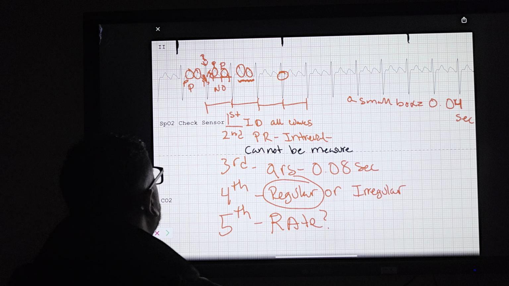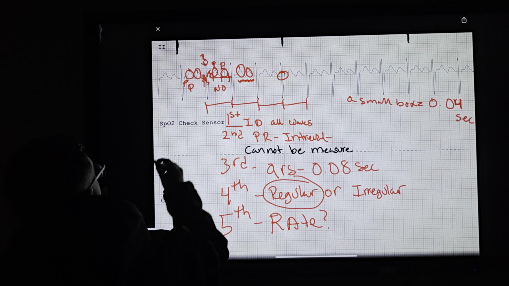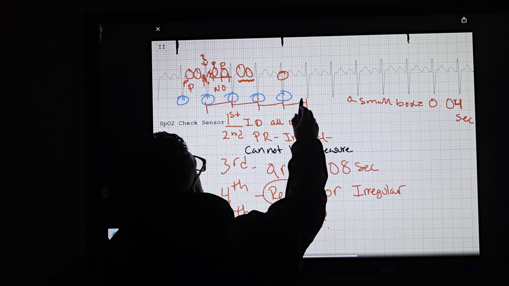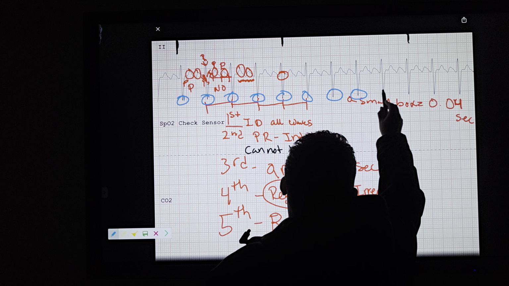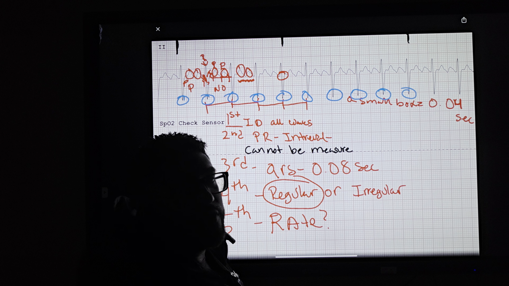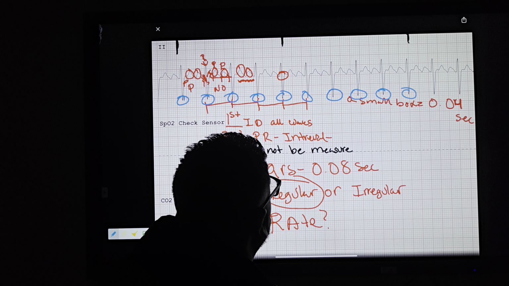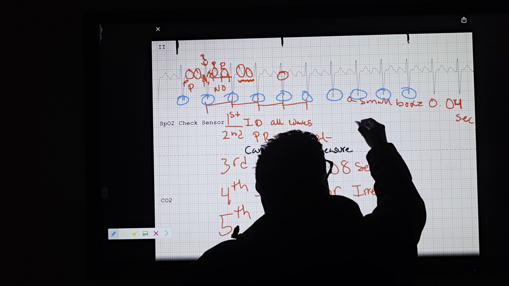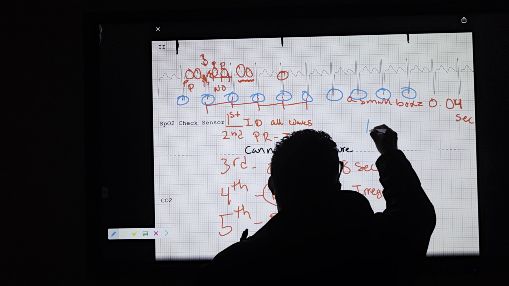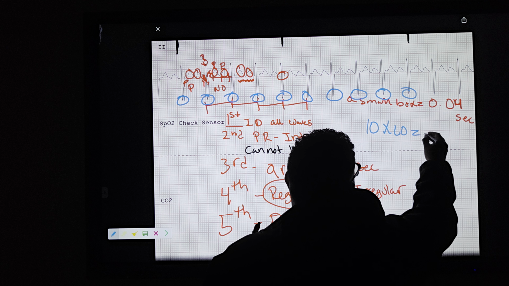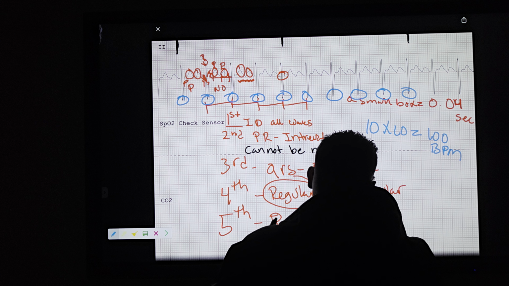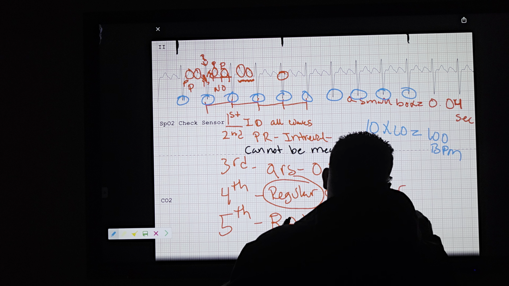So we're going to have 1, 2, 3, 4, 5, 6, 7, 8, 9, 10. I have 10 QRSs that I'm counting, full QRSs, meaning I got a full ectopic beat. So 10 times 10? 100 beats per minute. So what's our rate? 100 beats per minute.